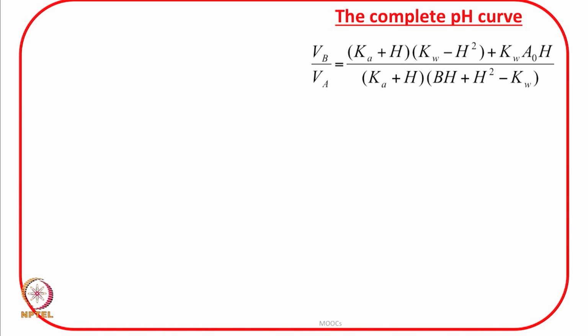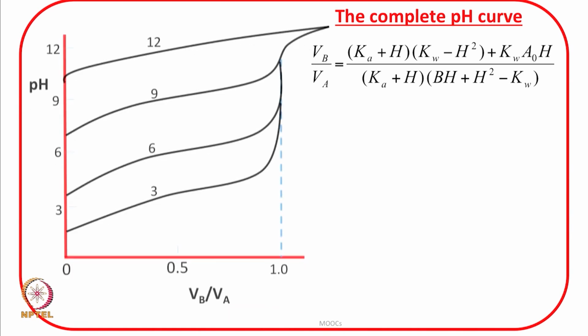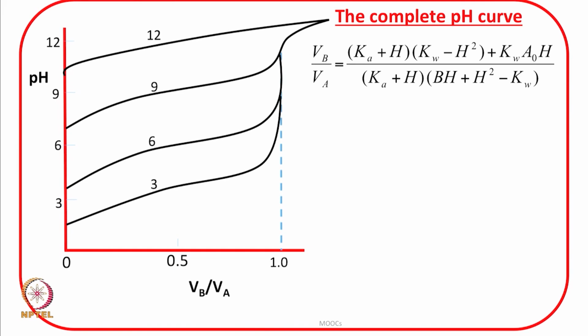But nevertheless, we will discuss what approximations can be made. The complete pH curve for various pKa values will look like this. The pH will be expressed in terms of hydronium ion concentration.